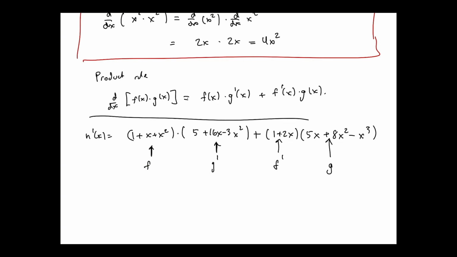Could we FOIL all that out? We could. Don't, unless we're then trying to do something extra with it. For a tangent line, I wouldn't, because I'd be plugging a number into this, and if I plugged in 0, a lot of these terms are going to disappear, right?